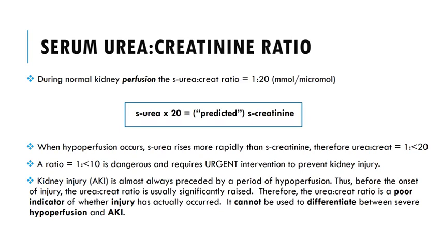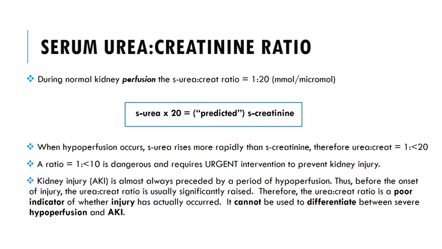Let's use an example. If you have a urea of 15, if we keep to the normal ratio, you would expect the creatinine for this to be 300, 20 times more. But let's say now your patient's urea was 15, but your creatinine was only 180, for example. That indicates that there is a pre-renal element to this patient's kidney injury.